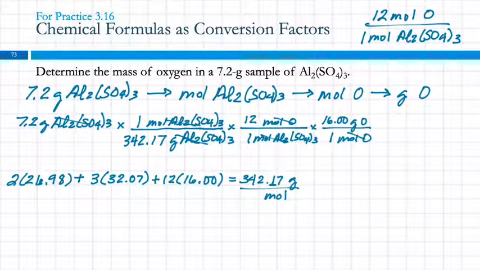So let's fix that. That looks better. Initial number had 2 sig figs, that's the smallest. So my answer is going to have 2 sig figs, 4.040 grams of oxygen, 4.0 grams.